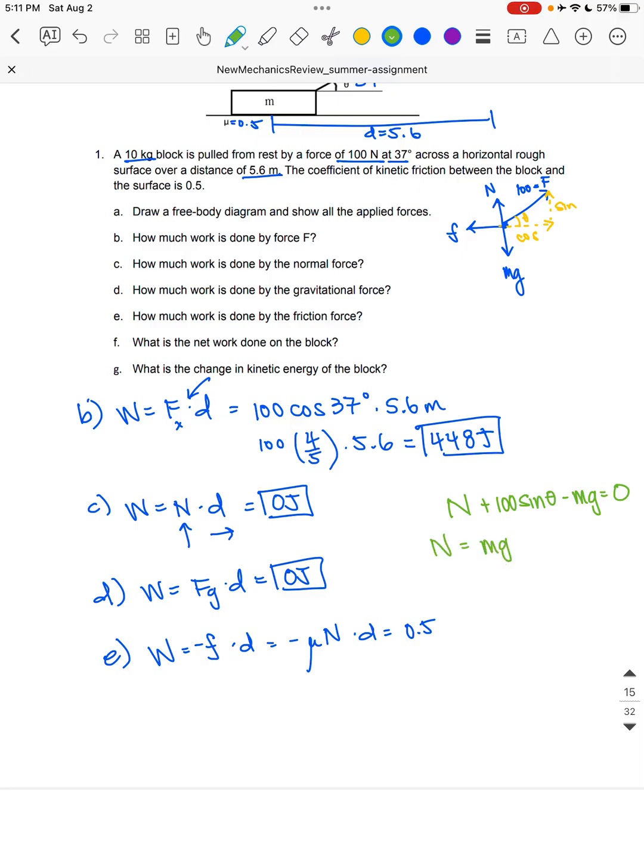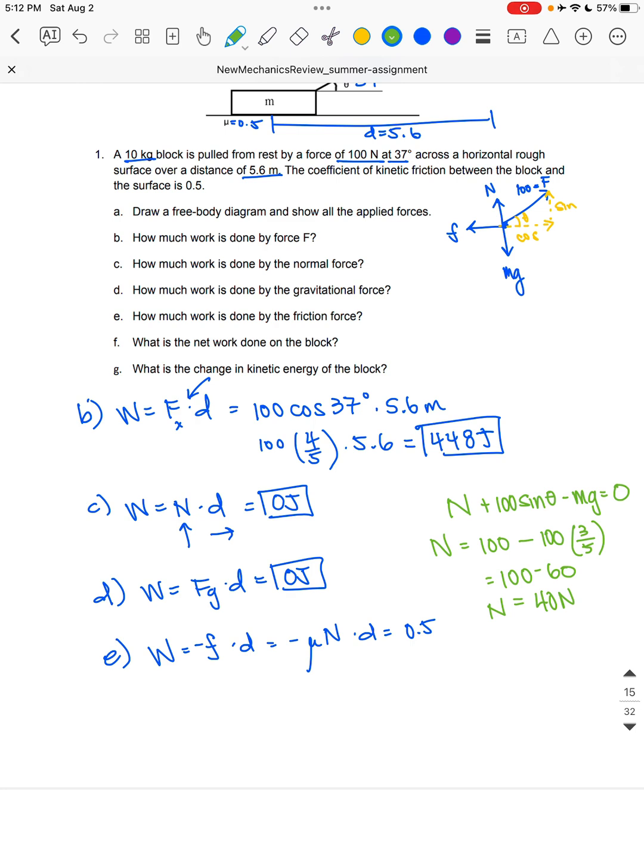Actually, I'm going to solve that now. M is 10, gravity, I'm going to round it to 10, so that's 100, minus 100 sine of 37, and sine of 37 is 3/5. So when I simplify it down, I get 100 minus 60, and the normal force is equal to 40 newtons.